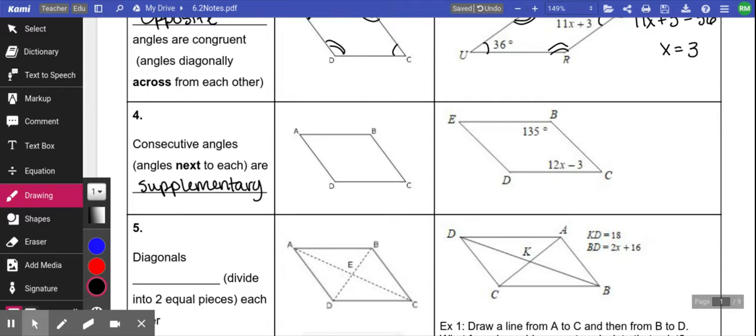So the way I like to write this out, I like to mark A and C as X, because remember, they're equal to each other, so they're both X. And then B and D, angles B and D, will mark as Y. So any combination of X plus Y will equal 180 degrees because they're supplementary. So let's look at angles B and C. We can say that they're consecutive, which means that they're supplementary, and we can set up our equation like so.